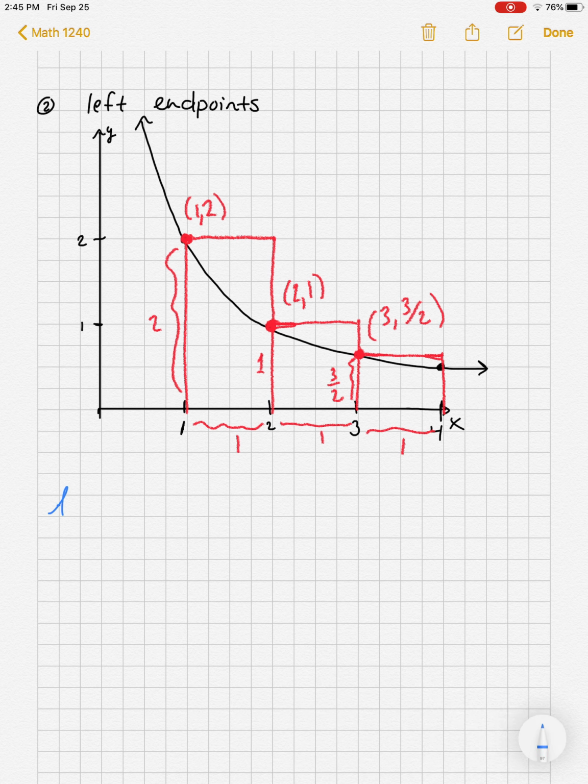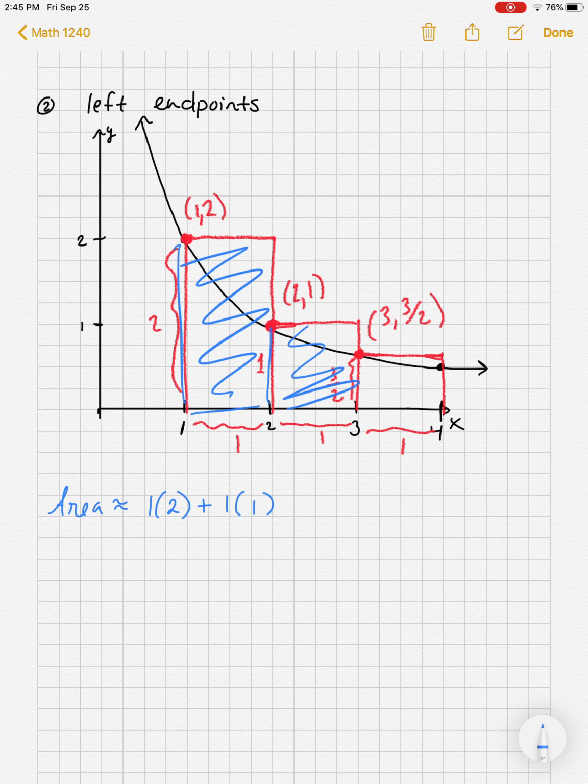So then when I go to find the area, that's going to be about 1 by 2 plus 1 by 1 plus 1 by 3/2. 2 plus 1 plus 1.5 is 4.5.